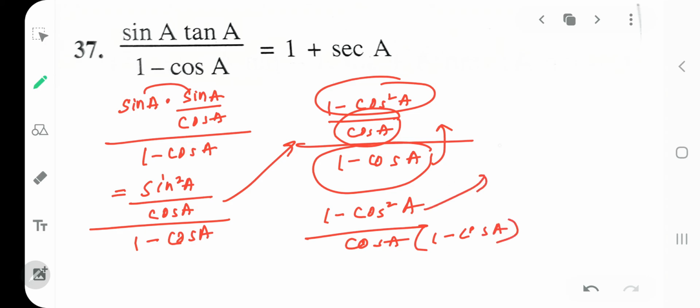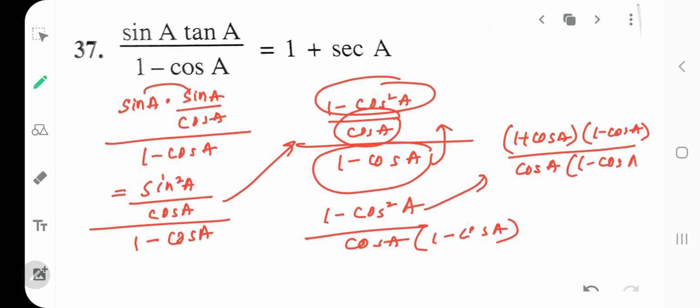Now my dear kids, 1 minus cos square A I am opening as 1 plus cos A, 1 minus cos A, and down I am writing cos A, 1 minus cos A. 1 minus cos A, 1 minus cos A cut.